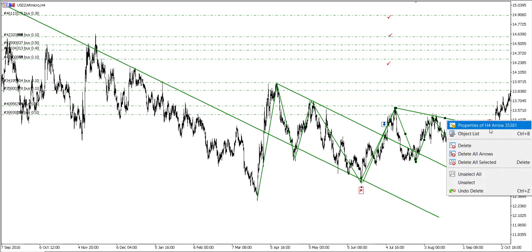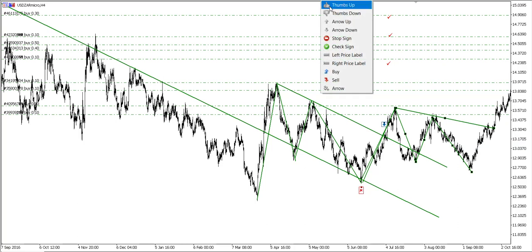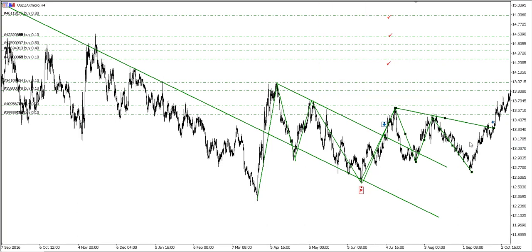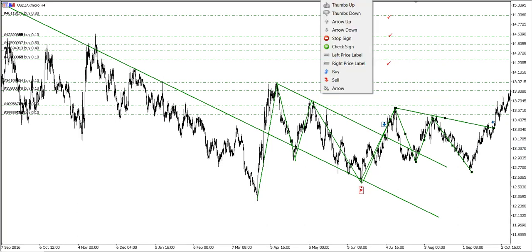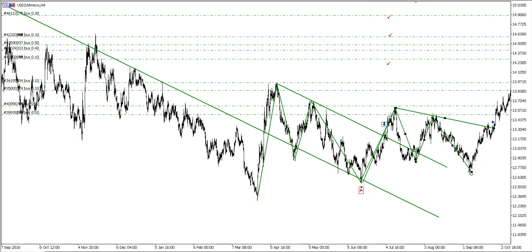I'll put a buy signal here. We'll buy here. Where should our stop be? The stop goes at the lowest point of the current correction that we are looking at, which is here, this beautiful place. Where are our places to take profit?